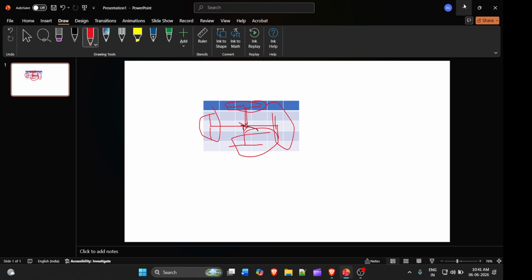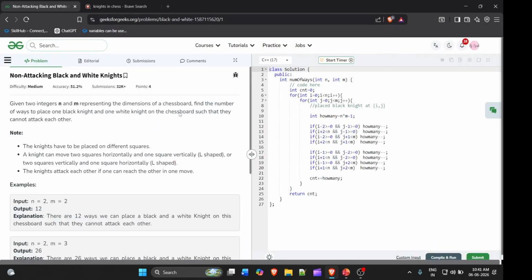So let's go into the code. We are traversing the n cross m array, and let's assume that we have placed a black knight in the i, j-th cell. If I place the black knight here, the remaining cells become n cross m, the total number of cells, minus 1 because I placed a black knight in one cell.